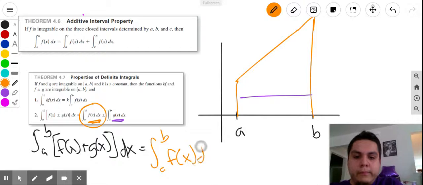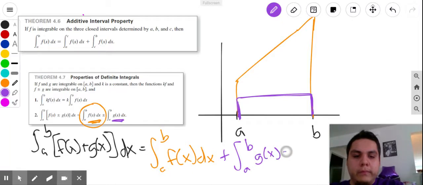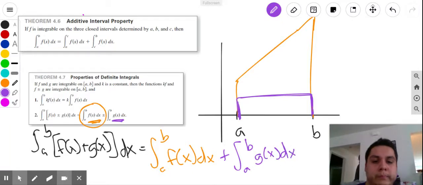Then whatever this purple one would be. Because if I want to add them together, well, I take the area that function g encompasses, and then I tack it on top of whatever area f of x encompasses on the interval from a to b, right?